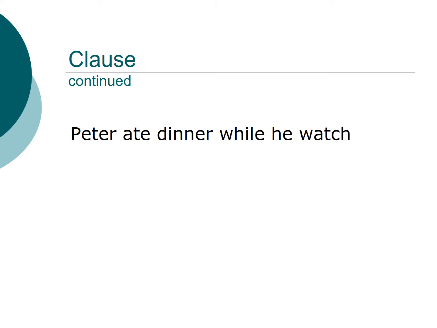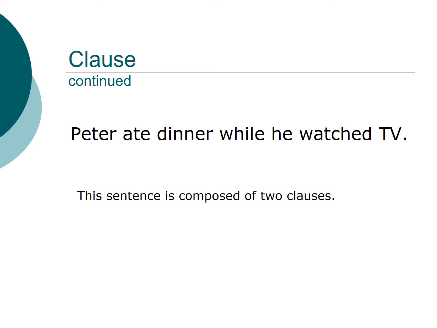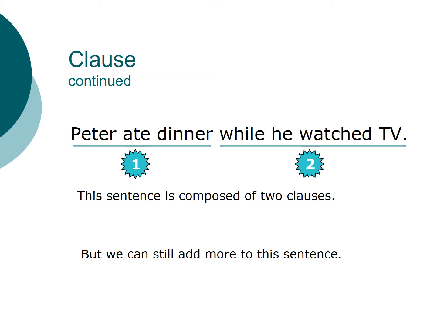For example, when I say Peter ate dinner while he watched TV, again, the same example, this sentence is composed of two clauses, but we can still add more to this sentence. So I have the first clause, which is Peter ate dinner, and the second clause, while he watched TV.